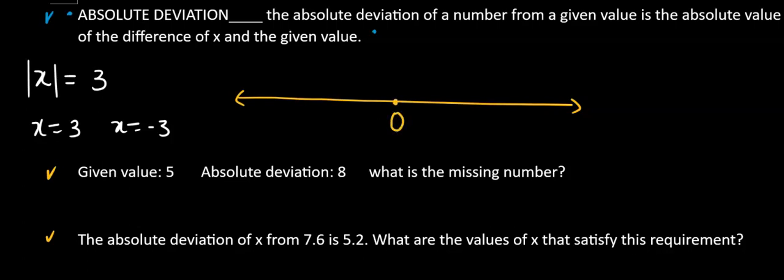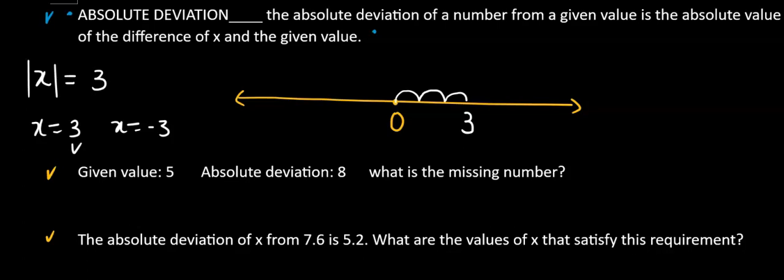It is actually asking us, there is a number. If I found the difference of this number and 0, we're going to have 3 steps. Can you tell me what the number is? 3 steps, 3 units. 1 step, 2 steps, 3 steps. Oh, we found the number. That's 3. That is 3 right here.